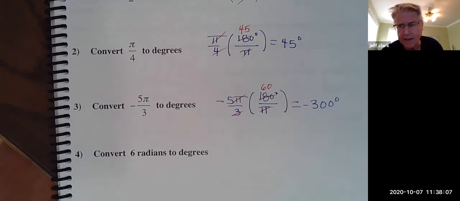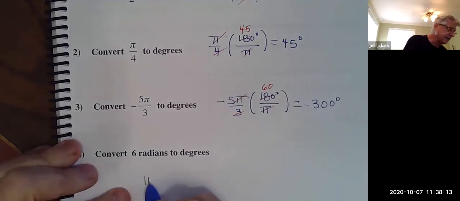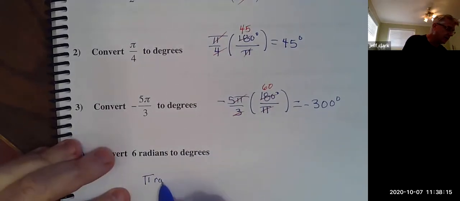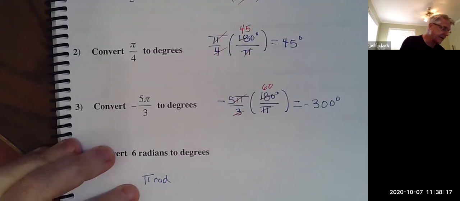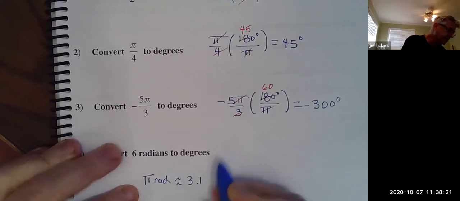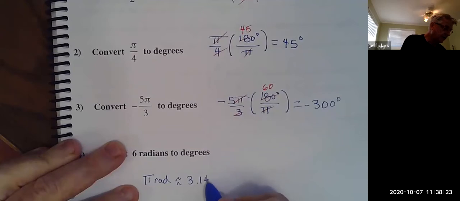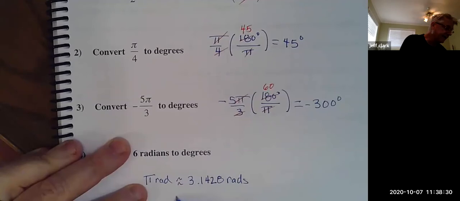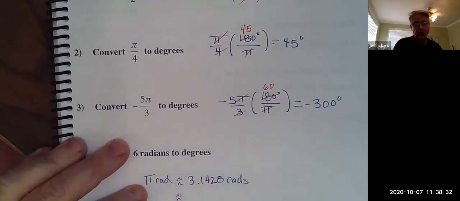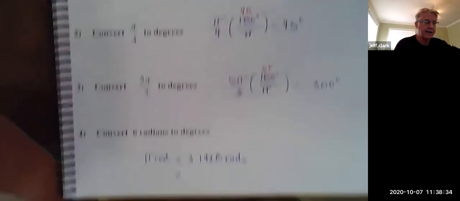Pi, by the way, is 3.1428 and about. So if you said pi radians, rads, that's around 3.1428 rads or radians. What I'm saying is you don't have to write the word rad or the phrase rads.